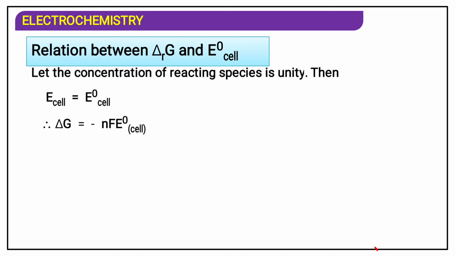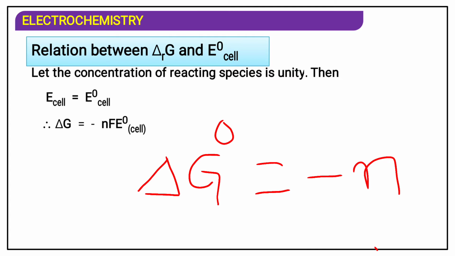Then the value of delta G naught, there is a small mistake here, delta G naught is equal to minus nF E naught cell.